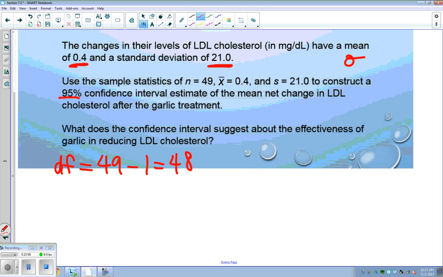My confidence level is 95%. That means alpha is 0.05, and it's going to be in 2 tails because I'm going to divide it and put half on each side.